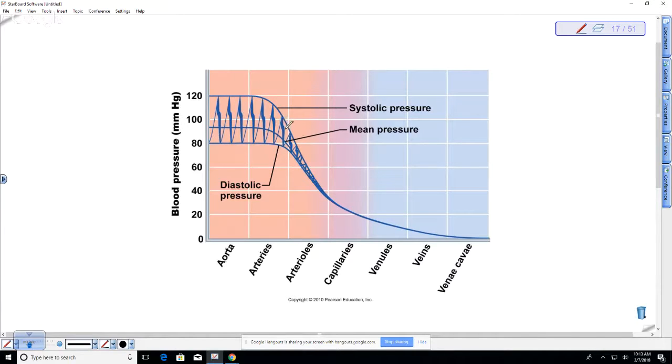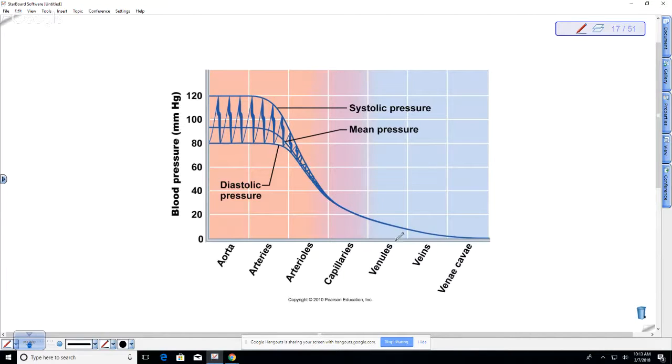Then you notice that this graph becomes the steepest right here at the arterioles. The blood pressure drops off, and then blood flow would also drop off. At the arterioles, it's about 60 millimeters of mercury. At the arteries, if we looked at the mean, it's more like 90.